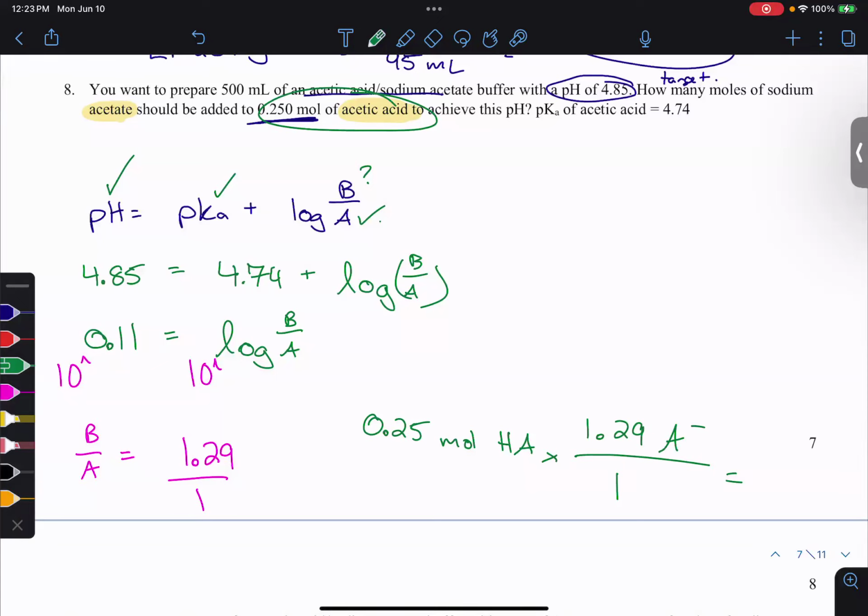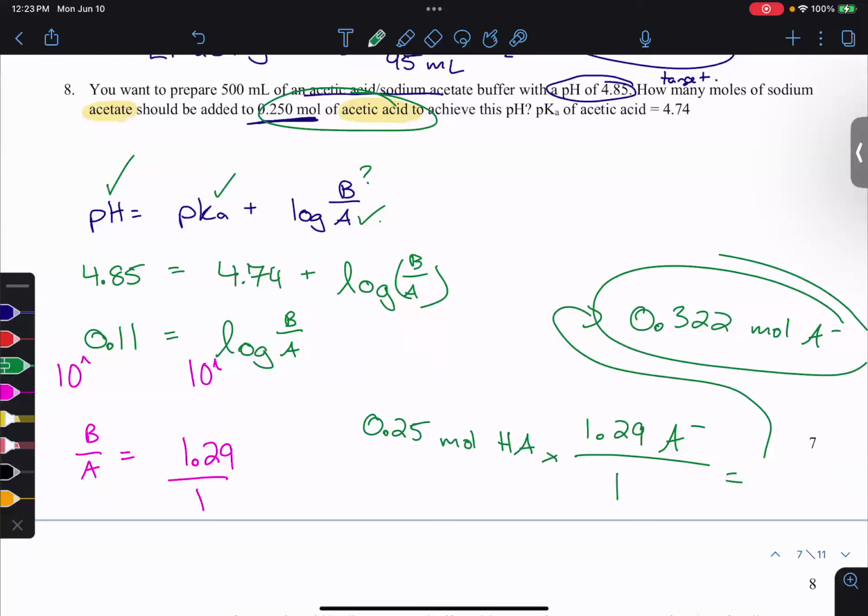So I need to add 0.322 moles of sodium acetate to make this buffer, right? You can check your work by getting the base to acid ratio with these numbers. So 0.322 over 0.25 and plug that into Henderson-Hasselbalch, and hopefully you get your target pH back of 4.85, right? So that's how you make a buffer with just adding the acid and its conjugate base directly.